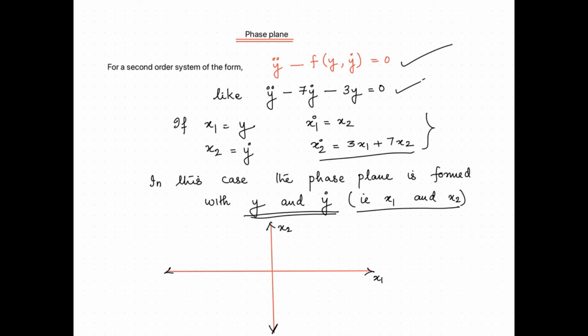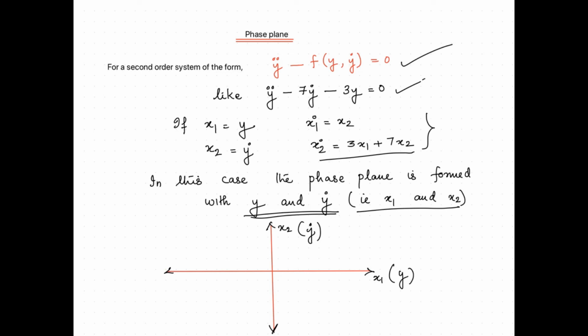Traditionally, you can see that these states were used for system descriptions or motion descriptions. Phase plane was developed for plotting y and y dot. But we can very well plot x1 and x2, which are the two states of the system, in a phase plane. The motion trajectories of x1 and x2 are generally called state trajectories.